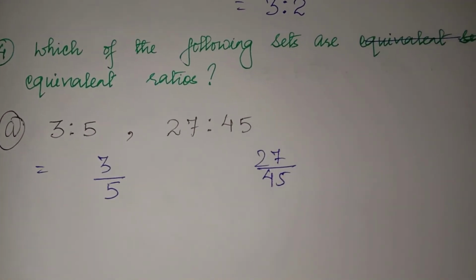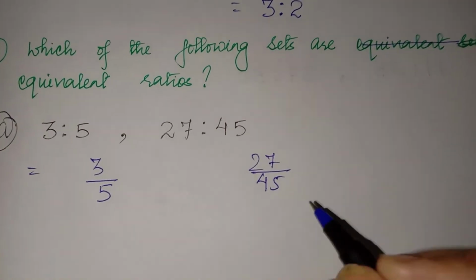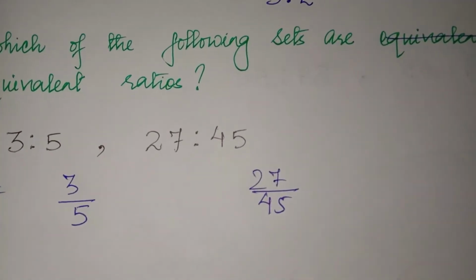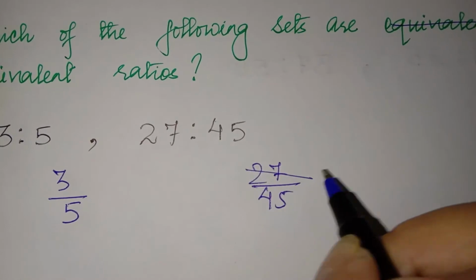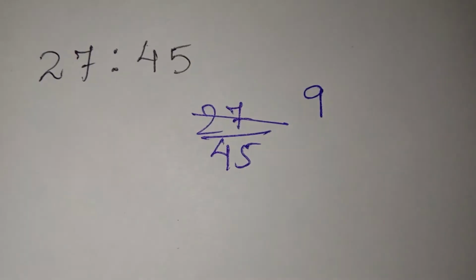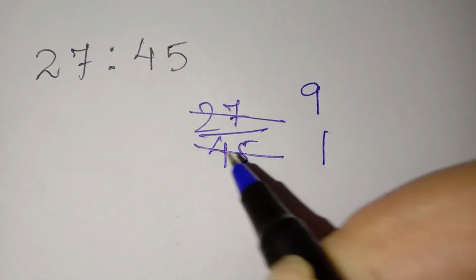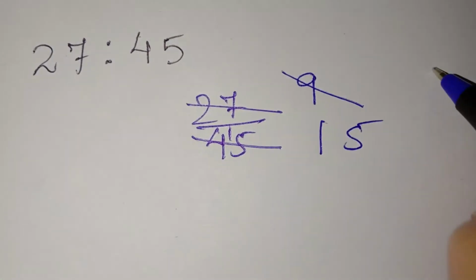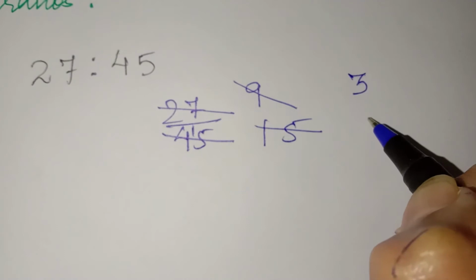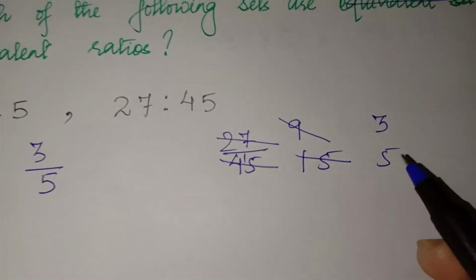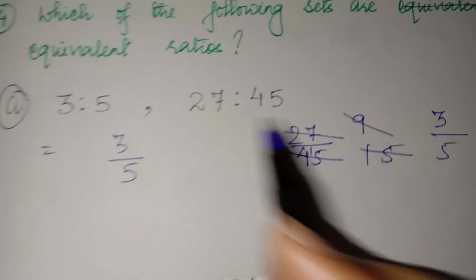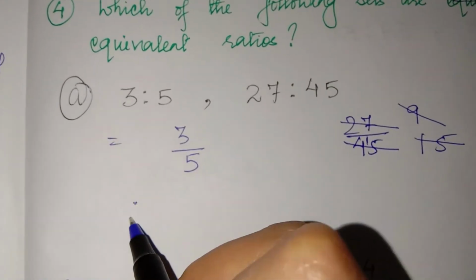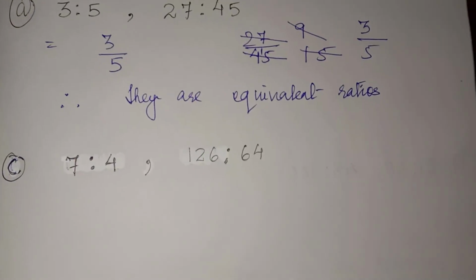If we get 3 by 5 here also, then they are equivalent. So we will cancel by 3. 3 9s are 27 and here 3 1s are 3, 3 5s are 15. Again we can cancel by 3. 3 3s are 9, 3 5s are 15. So here also we got 3 by 5. That means they are equal. Therefore, they are equivalent ratio.